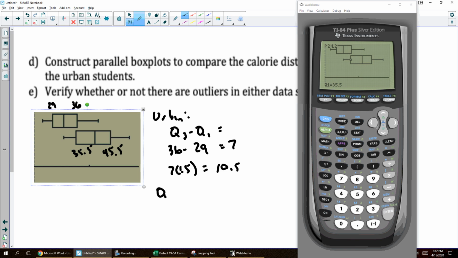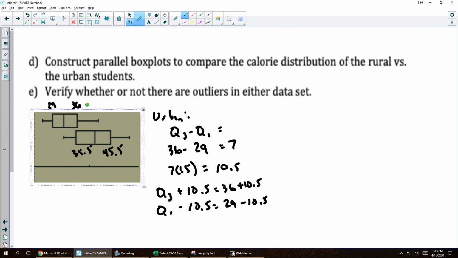And then I'm going to take Q3 plus 10.5 and Q1 minus 10.5. And so that's going to be 36 plus 10.5 and 29 minus 10.5. And when I do that, I get 46.5 and 18.5. Now the question is, in this top graph, did I have any points outside of that?